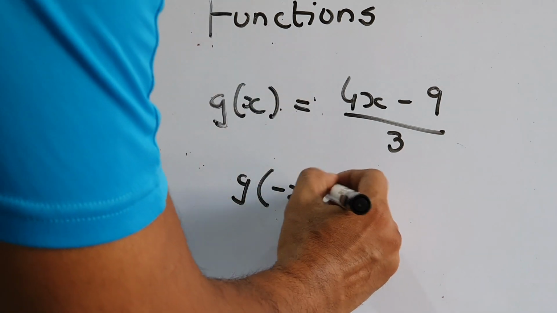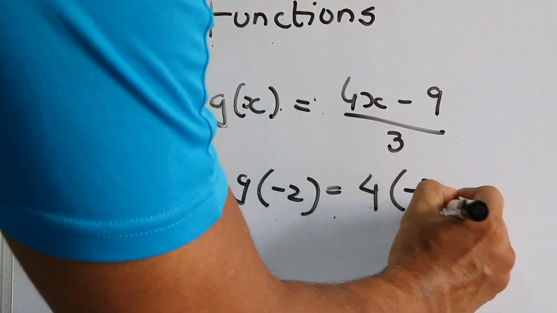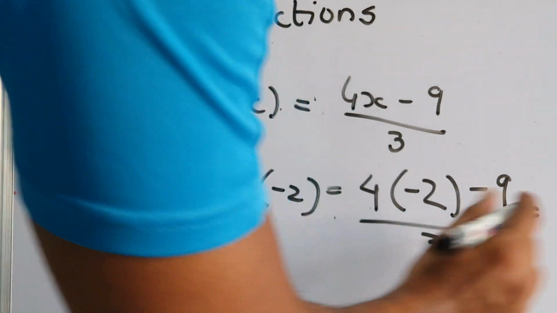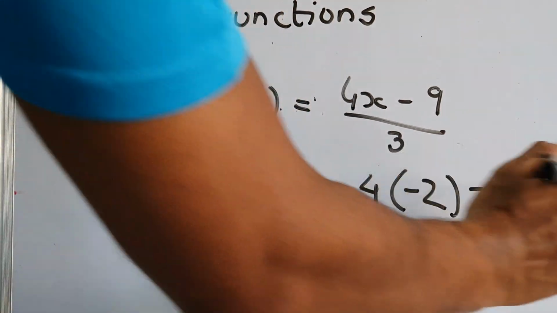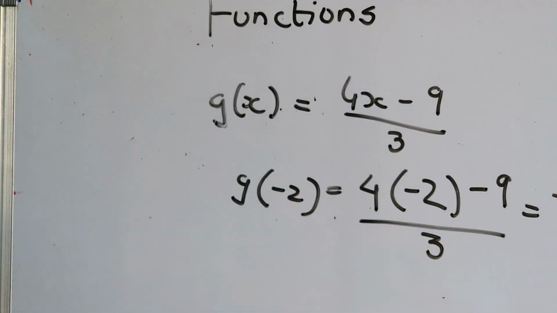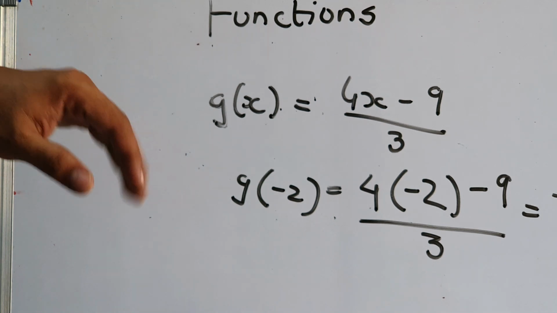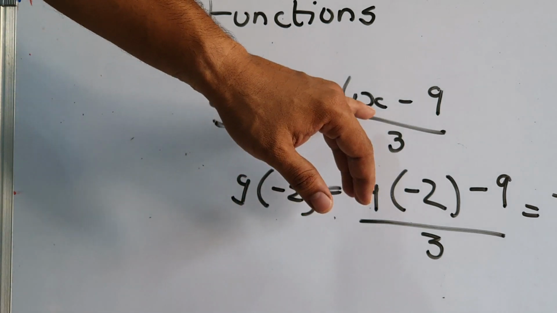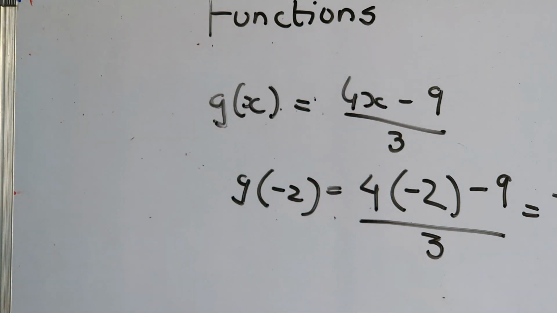Let us see. 4 into minus 2 minus 9 upon 3 gives me minus 8 minus 9, minus 17 upon 3. You can use your calculator and get the exact value. So this is how we use the value given in the bracket instead of x and find the answer.